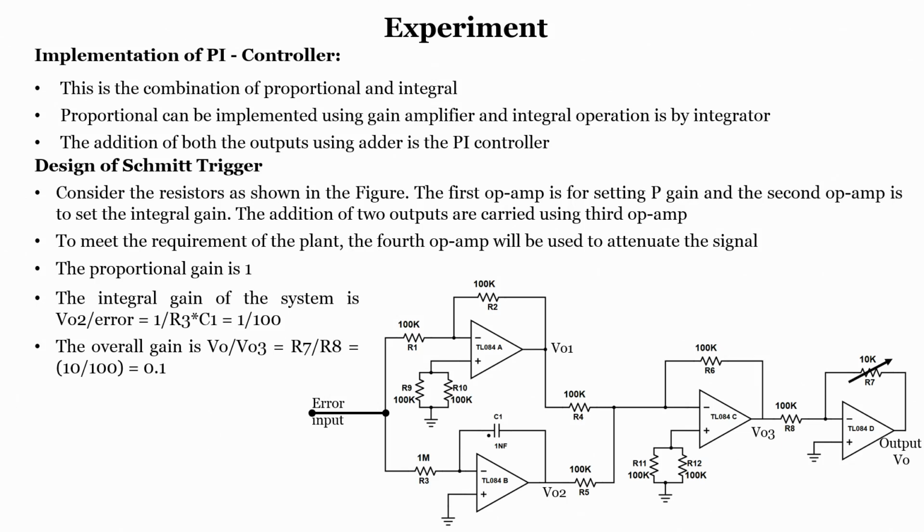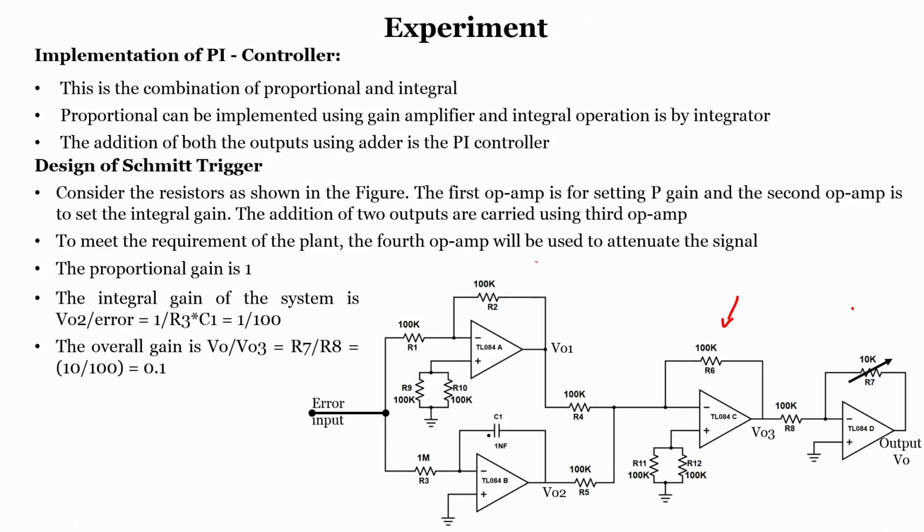The first op amp is for setting the proportional gain, and the second op amp is used to set the integral gain. The addition of the two outputs is carried out using the third op amp.